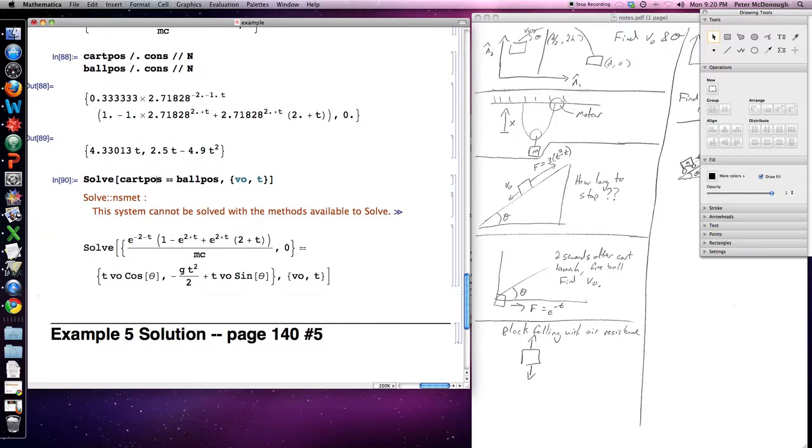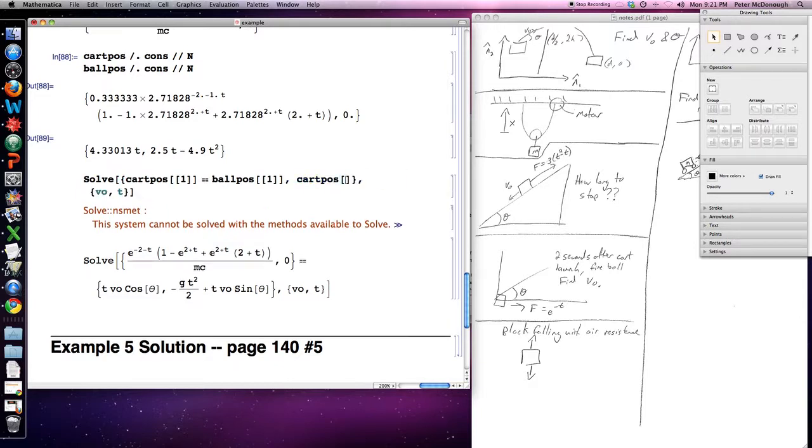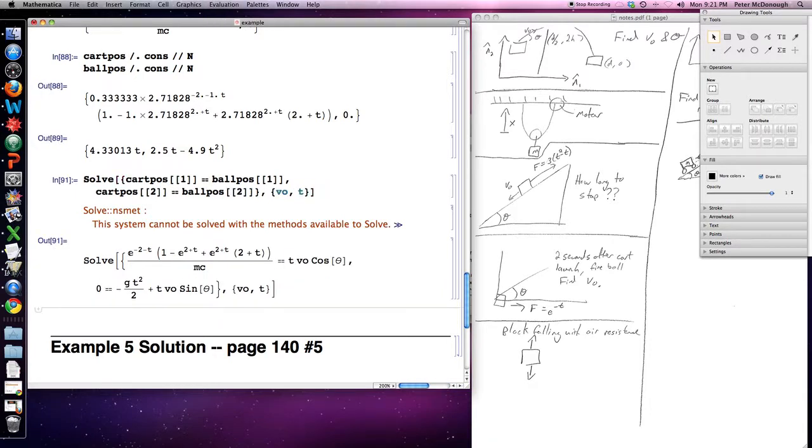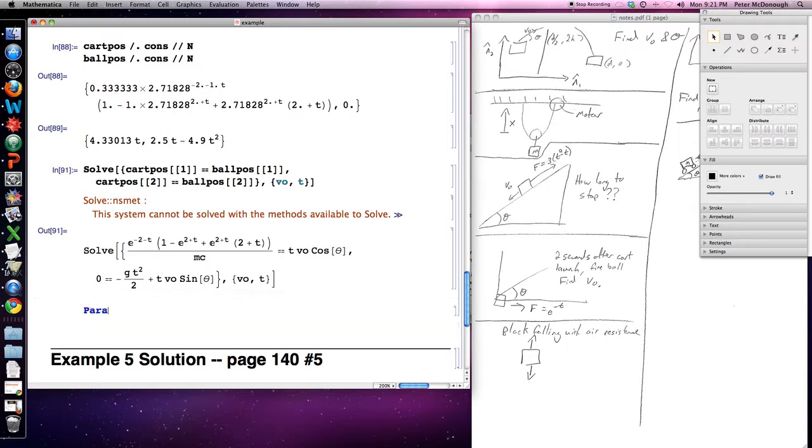Let's say cart position 1, ball position 1, and then let's set a second expression of the cart position 2 equals ball position 2. Still not available.